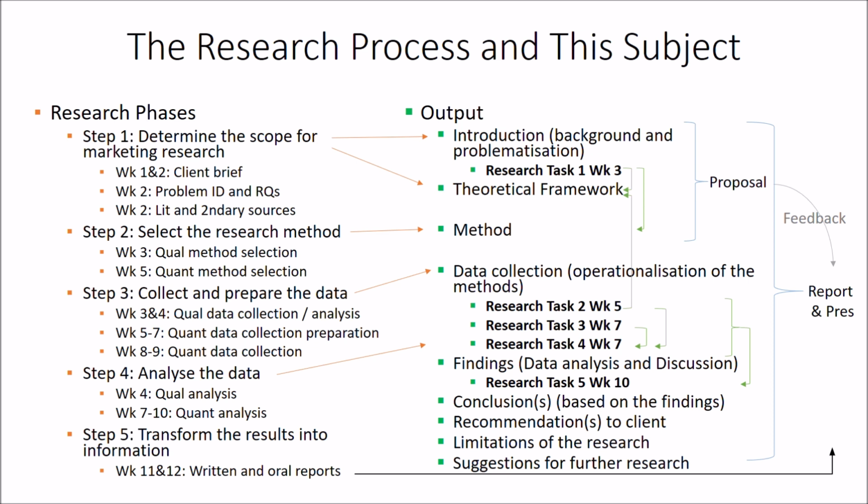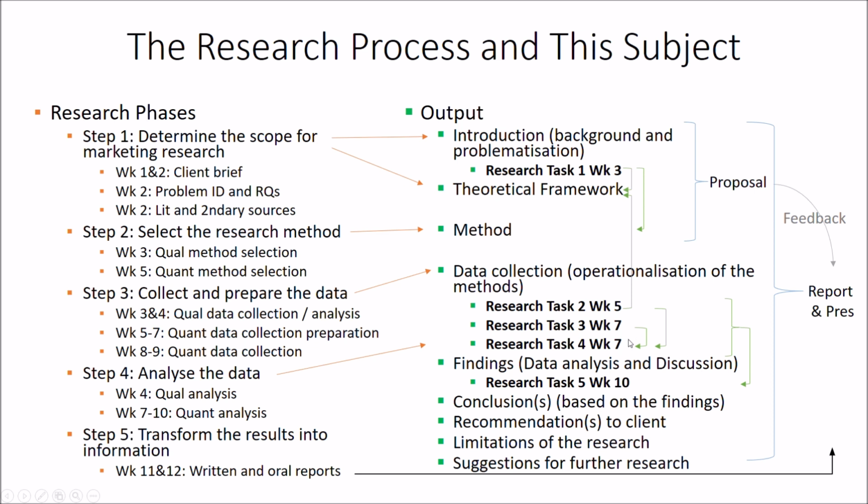So each of these stages or each of these tasks builds onto the next step of the research process. So research task 1 builds into the theoretical framework and also into methods. Research task 2, the qualitative analysis, will help with theoretical framing of the data, but also form part of the findings section.